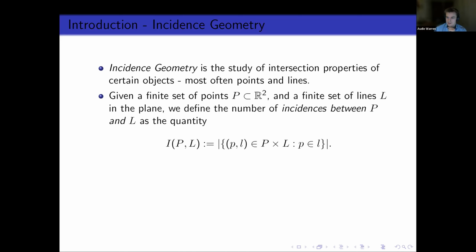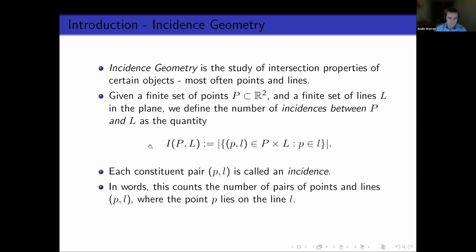All it tells you is the number of points which lie on lines from your two sets. Each constituent pair, p and l, is itself called an incidence. This is why this quantity I(P, L) is called the number of incidences. So in words, this counts the number of pairs of points and lines (p, l), where the point p lies on the line l.